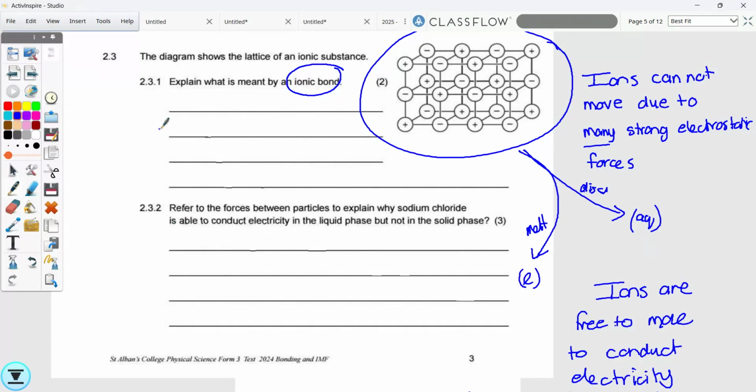Okay, so guys, very important. Do not speak electron here. What are you going to speak about in an ionic bond? Ions, please, ions only. So the only reason they conduct is because the ions are free to move. Electrons moved a long time ago when this bond formed in the first place.